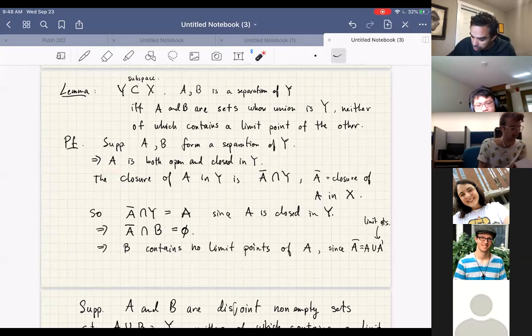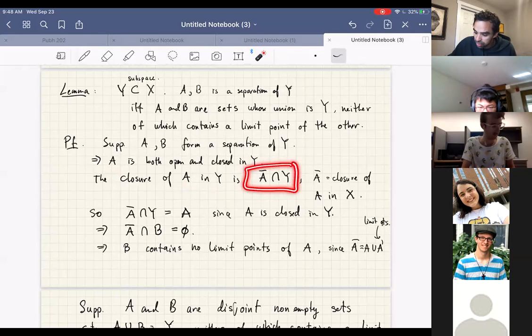So the closure of A in Y is exactly the closure of A intersected with Y.